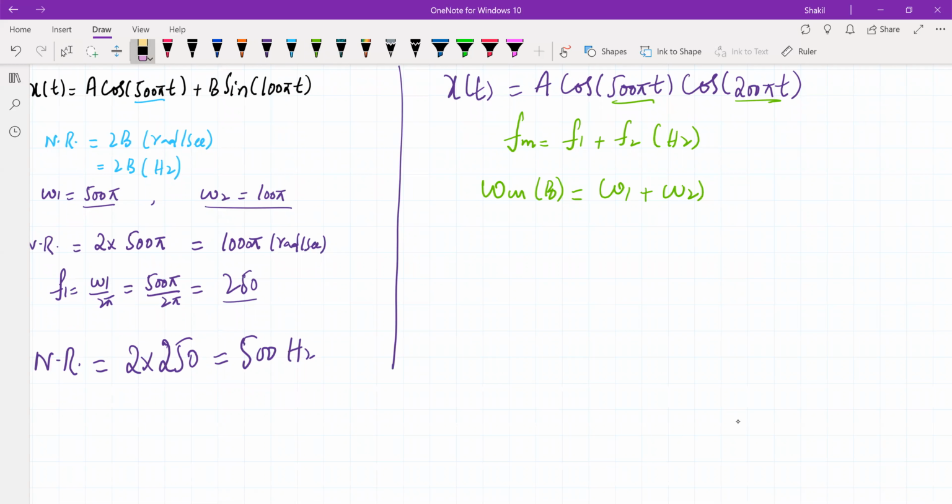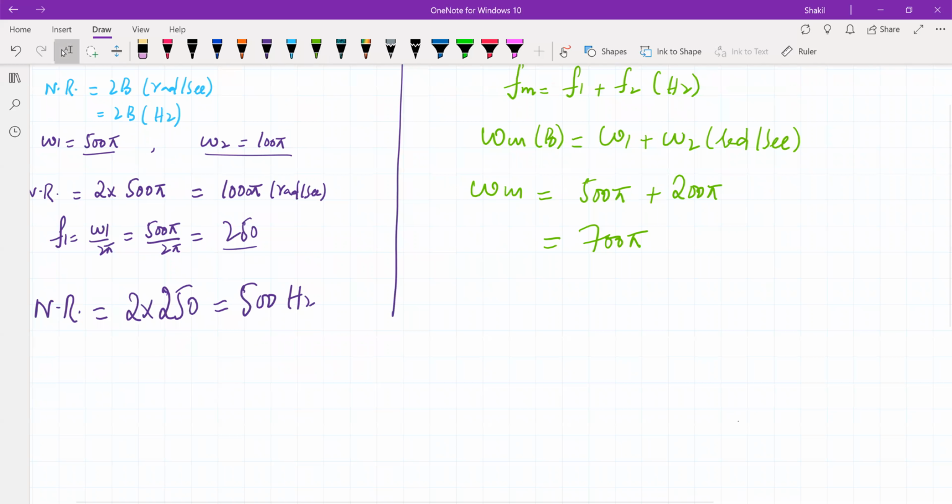So omega m is omega 1, 500 pi, plus 200 pi, so this is 700 pi.